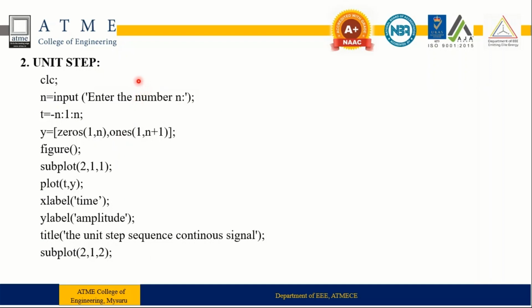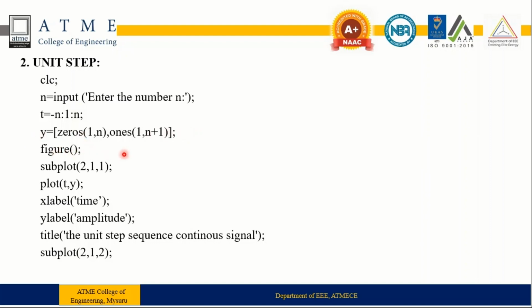Next we look into the unit step signal. Similarly we declare the variables: n for the number of samples for which the step signal has to be generated, t for the time duration, and also the amplitude as per the mathematical expression. The step signal should start from t equal to 0, and for t greater than or equal to 0 the amplitude should be 1, and for t less than 0 the amplitude should be 0.